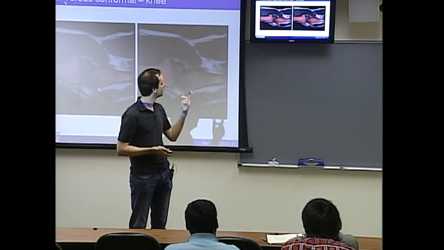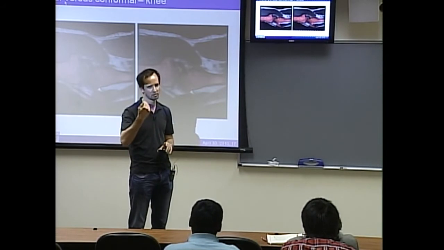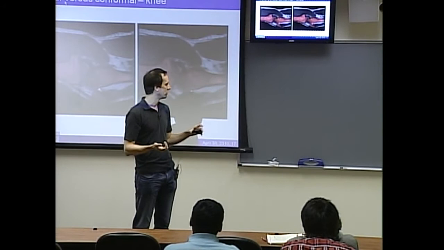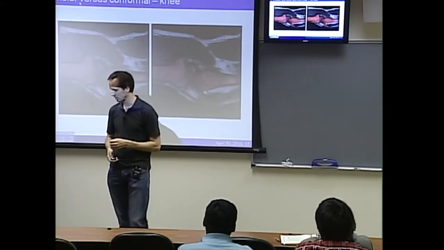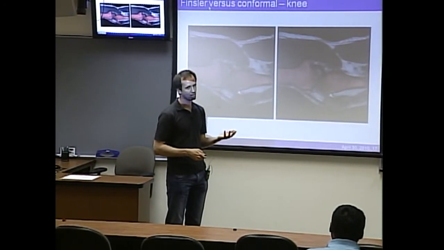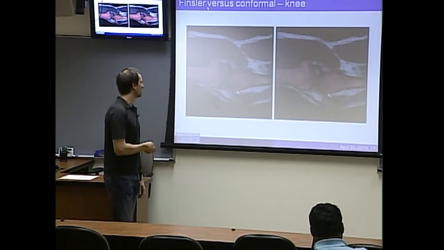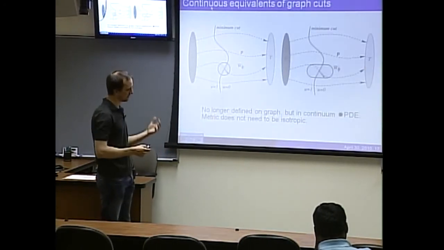And people have proposed something called Finsler active contours, which is essentially a generalization where you have a metric that has orientational dependency. But with these new methods that are out there that are continuous equivalents of graph cuts, you can also incorporate orientation information.